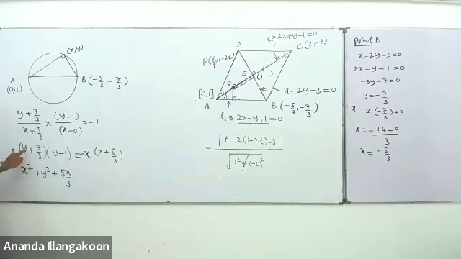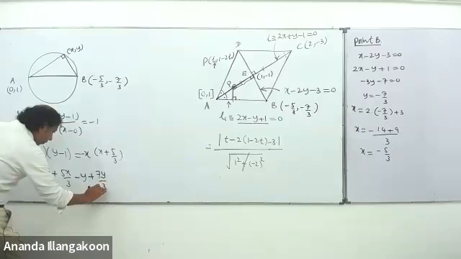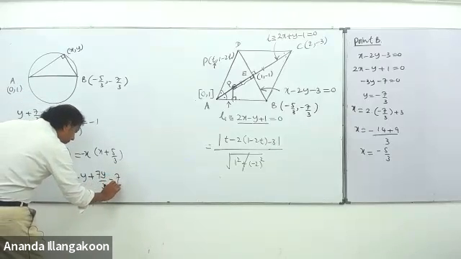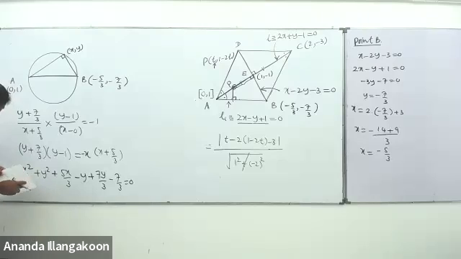Multiply this and this, minus y. Here 7y by 3. Minus y. This and this, plus 7y by 3. And this, minus 7 by 3. Right. Then you get that one, S dash.